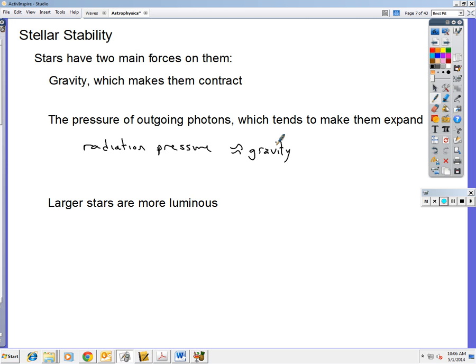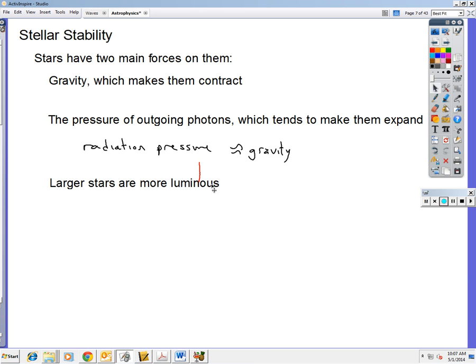A consequence of this is that larger stars are more luminous, because a larger star has more gravity. And that means in order to stay stable, it needs to have more radiation pressure.